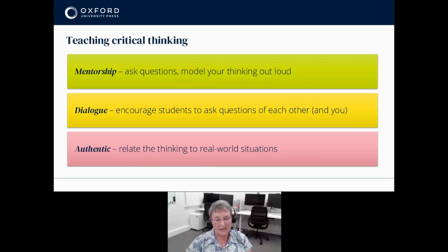So critical thinking, the best way you can teach critical thinking is mentorship. And this comes from research. Mentorship, where you ask questions and model your thinking out aloud and actually call out, this is what I am doing. So I'm going to think critically about this. I'm going to notice what's happening.